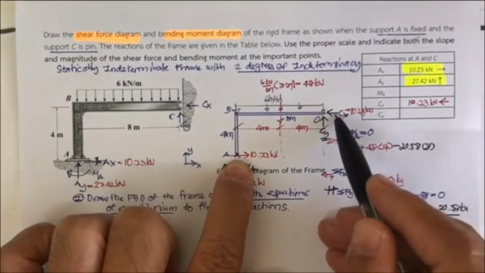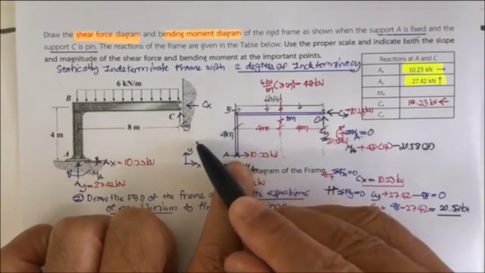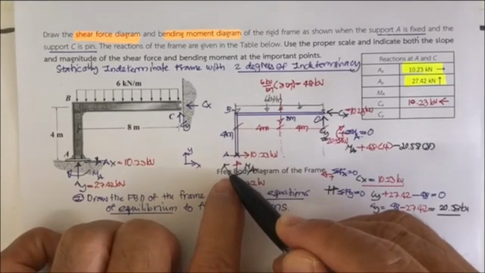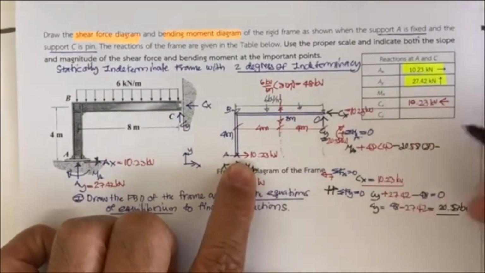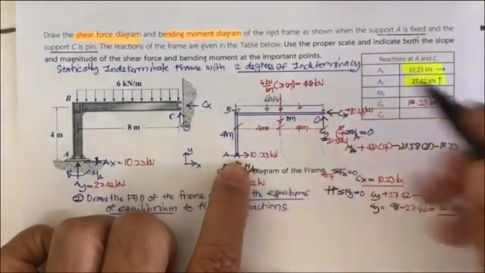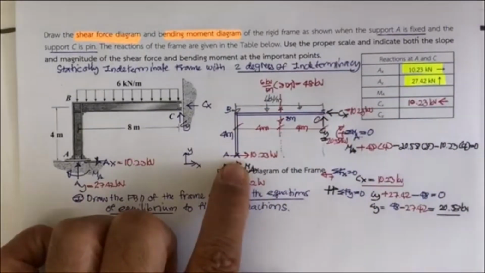And you also have the C sub x in this direction, and it's going to rotate counterclockwise with respect to M sub A, so it's the opposite direction. So it's going to minus 10.23 times 4, and this is going to equal to 0.